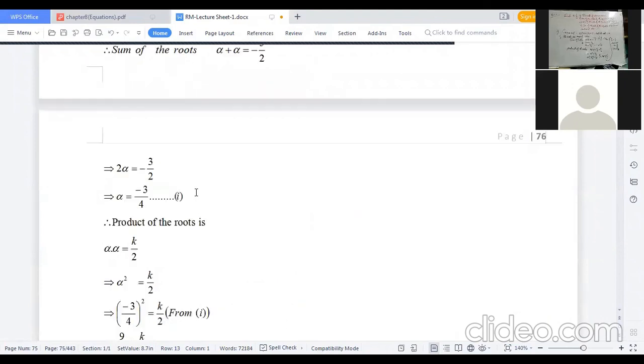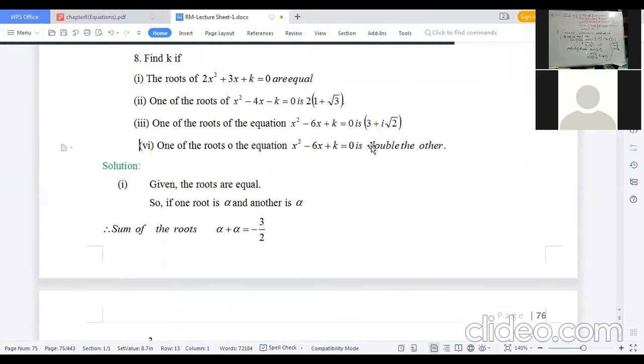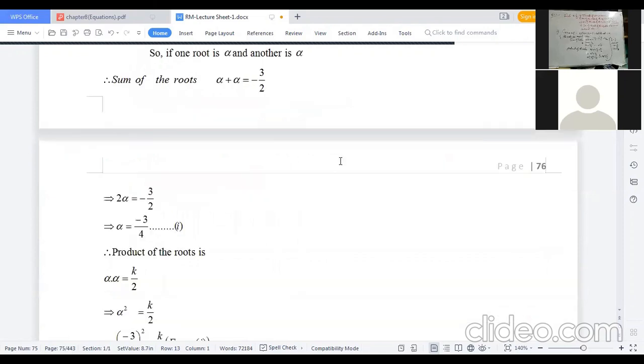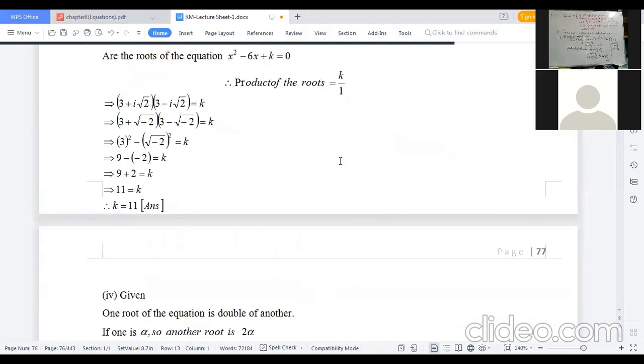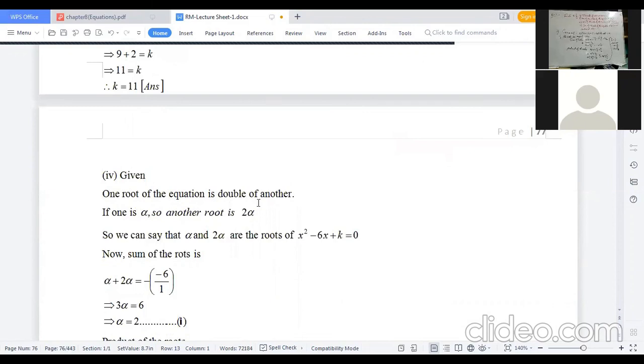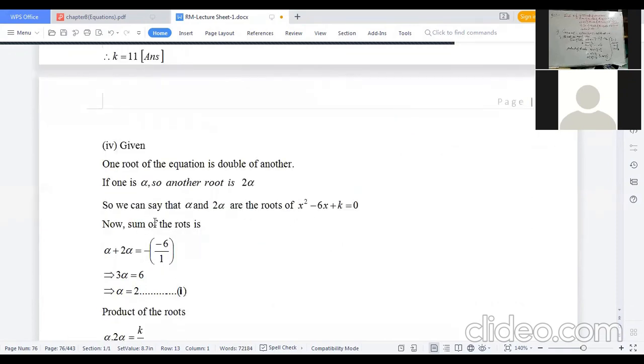Again, for the fourth condition, one of the roots of the equation is double the other. The given equation is x² − 6x + k = 0. For this equation, if one root is alpha, another root will be twice alpha. So alpha and twice alpha are the roots of the given equation in part 4. Now sum of the roots, alpha plus twice alpha, equals minus b by a.